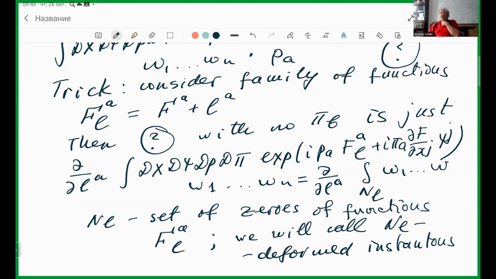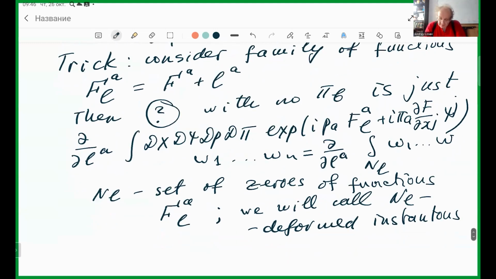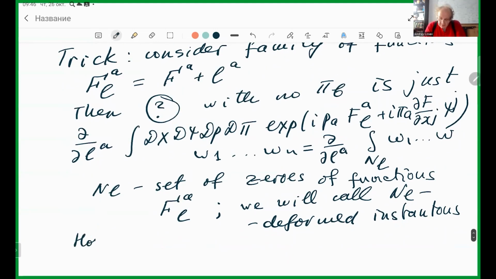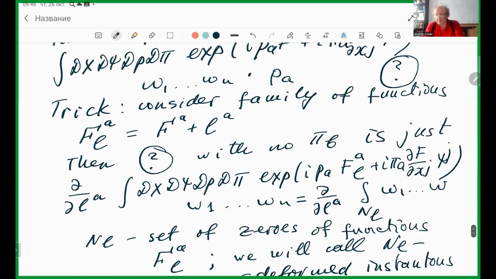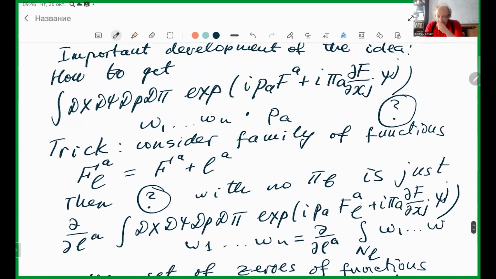Now you may also ask how to insert pi. So it seems that I need something like a source for pi.